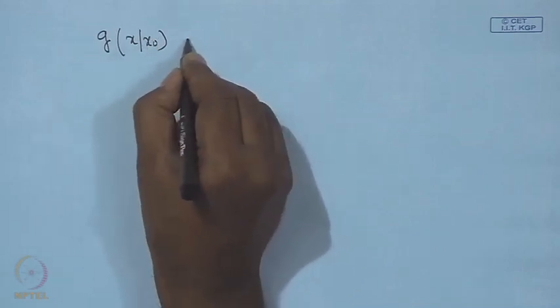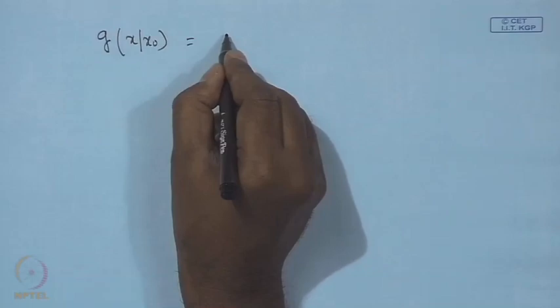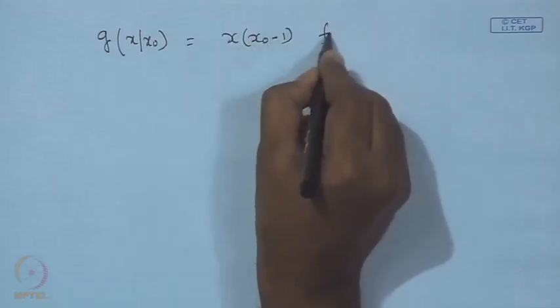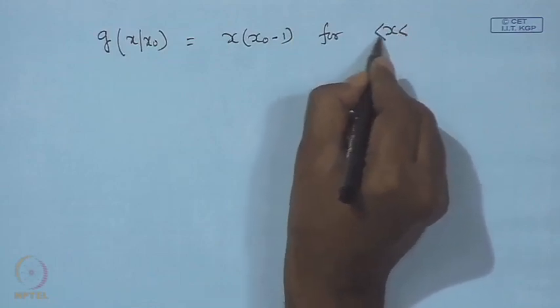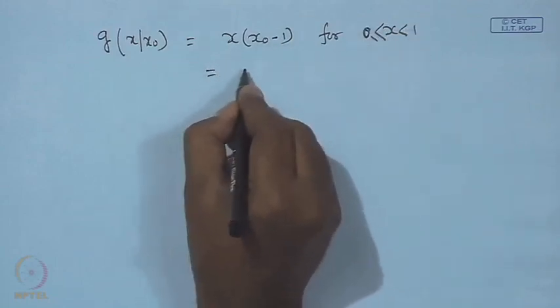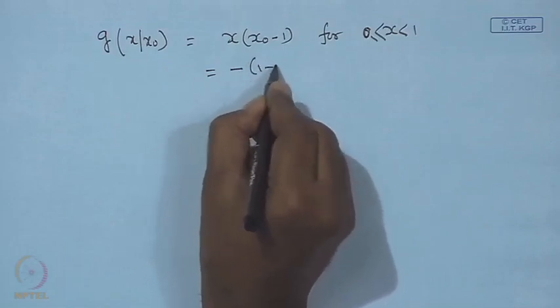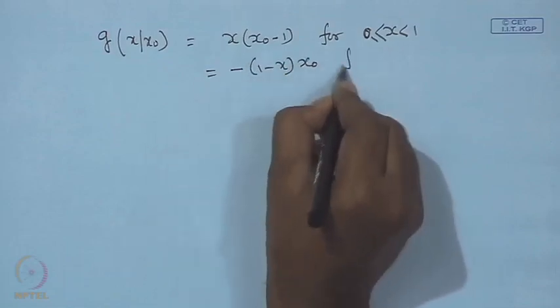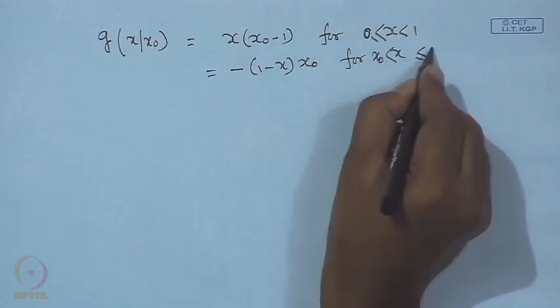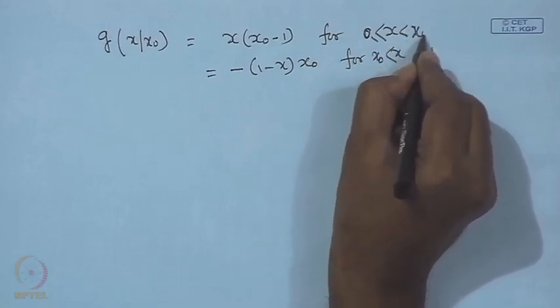We evaluated that g of x is nothing but x multiplied by x naught minus 1 for x lying between 0 and x naught, and this is equal to minus 1 minus x naught for x lying between x naught and 1.